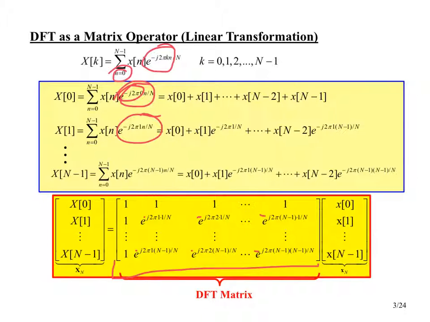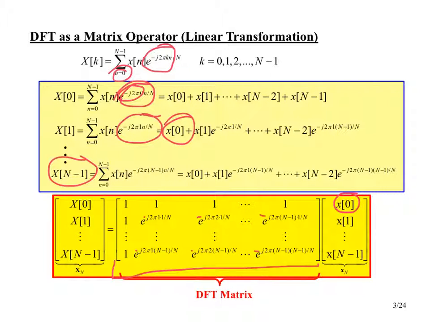All the way down to the last row is k equal to n minus 1, with little n sweeping from 0 to n minus 1. And we see that the structure tells us that we take each one of these and multiply it by the element in the first column for the corresponding row.